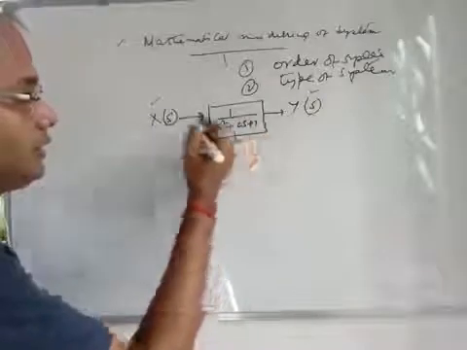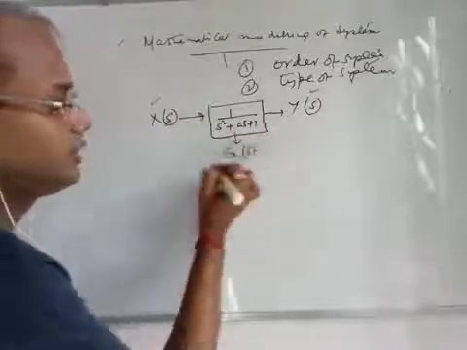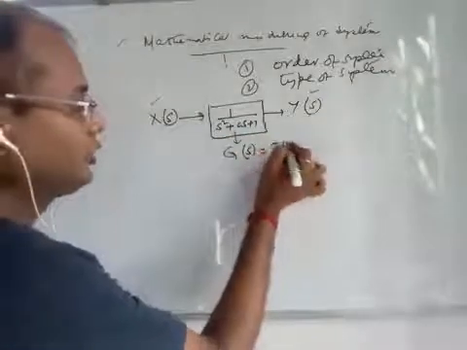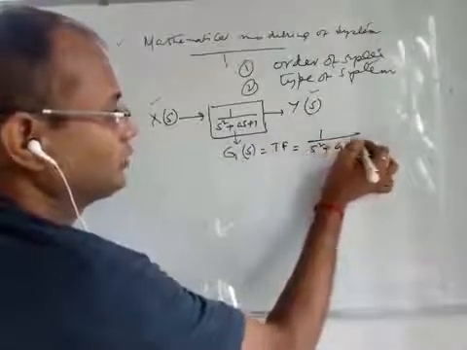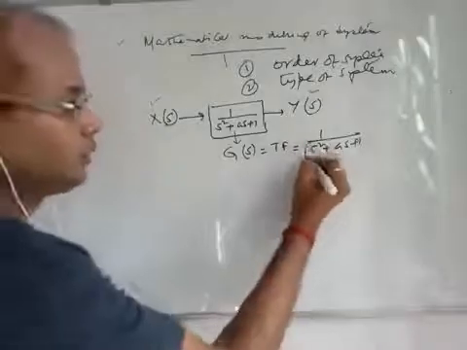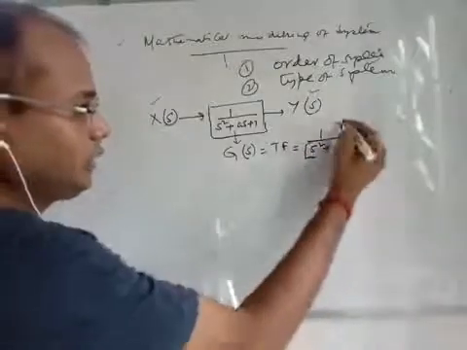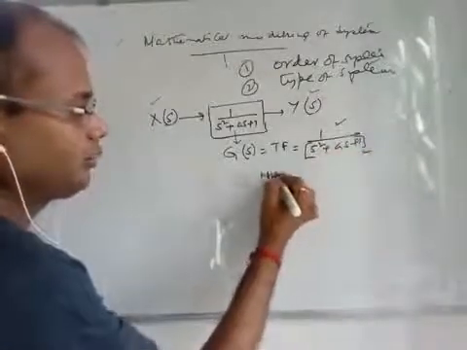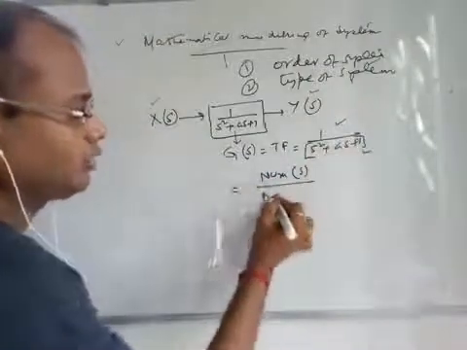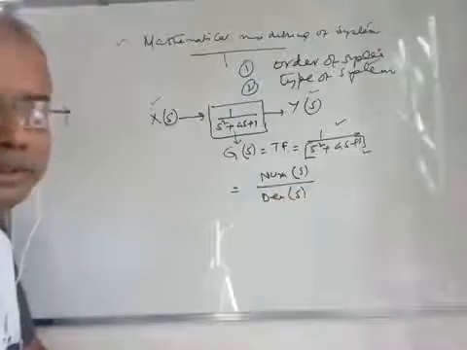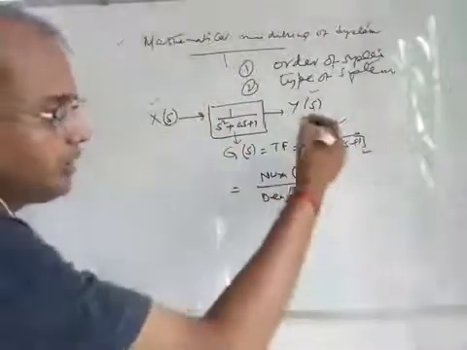We write this G(s), the transfer function of the system, that is 1 by s square plus s plus 1, right? So there are two terms, one numerator, one denominator. The numerator is a function of s, and the denominator also is a function of s. What is the numerator you are getting here?